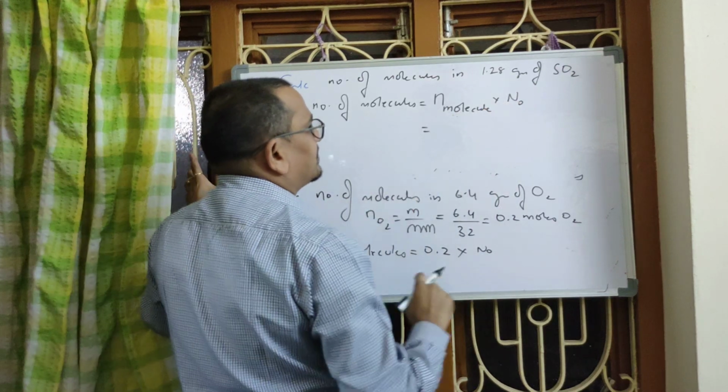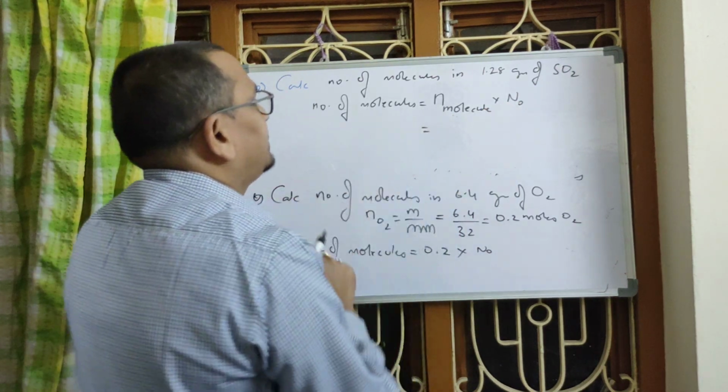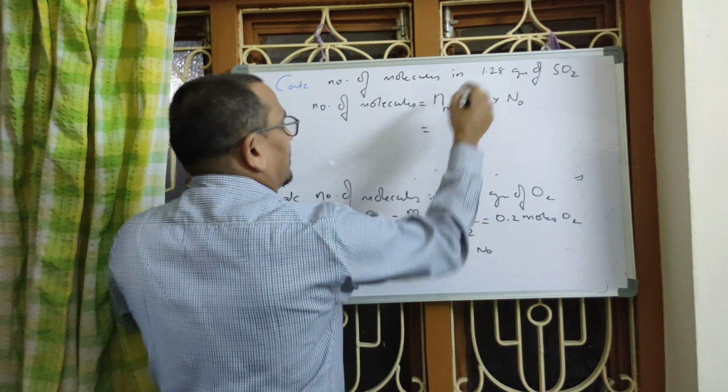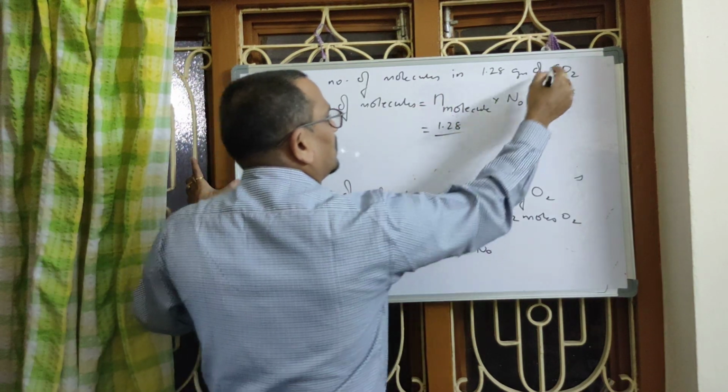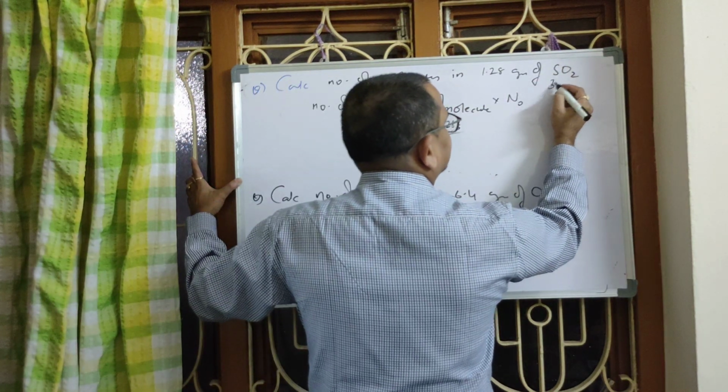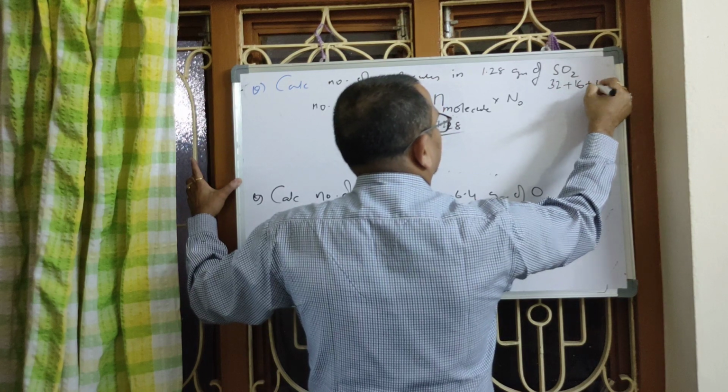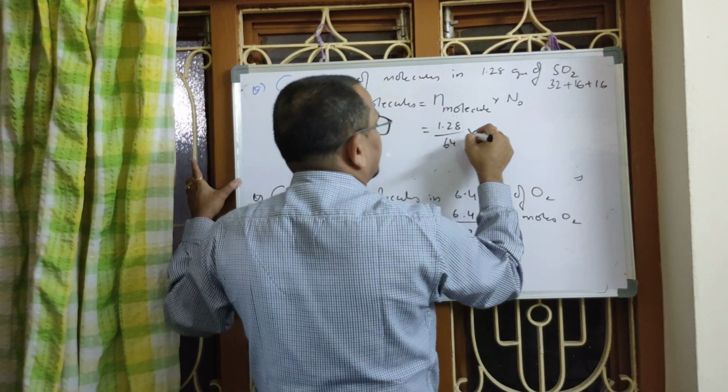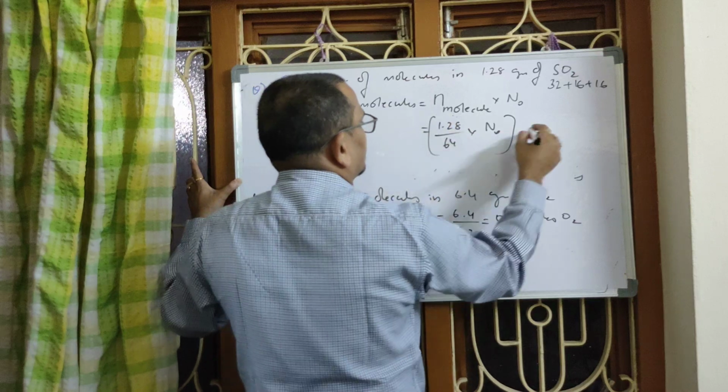How do you calculate number of moles of molecule? How do you calculate number of moles? Mass by molar mass. What is molar mass? This is 32 plus 16 plus 16, it is 64 into Avogadro number of molecules.